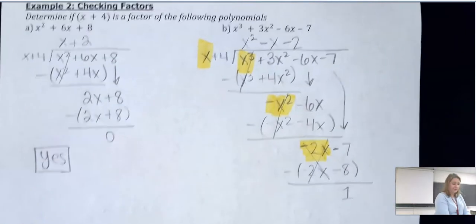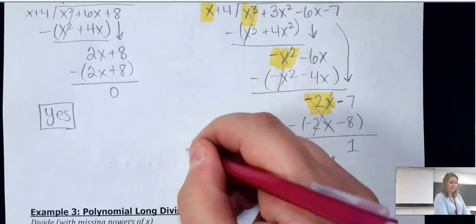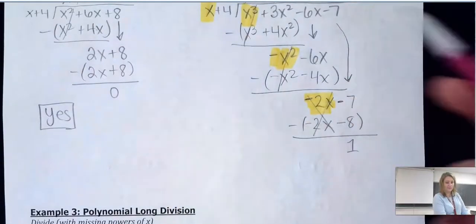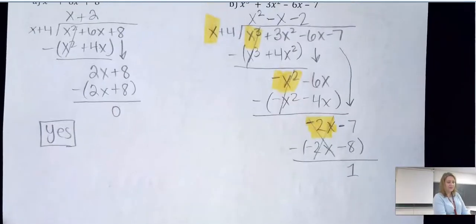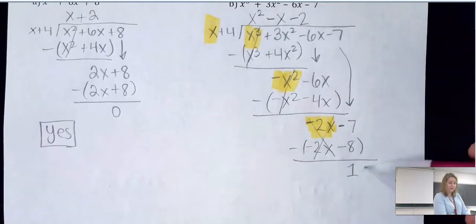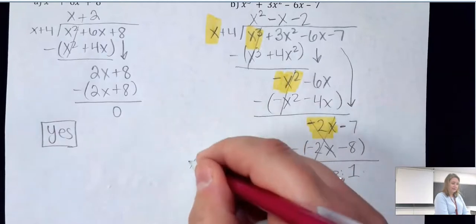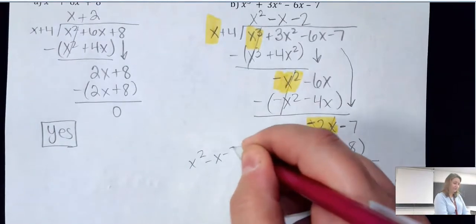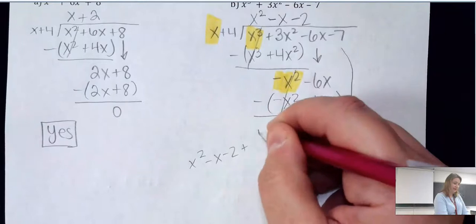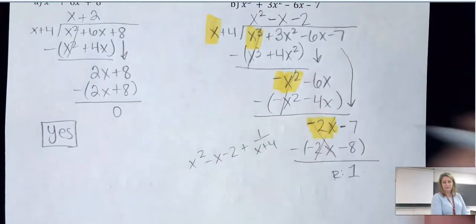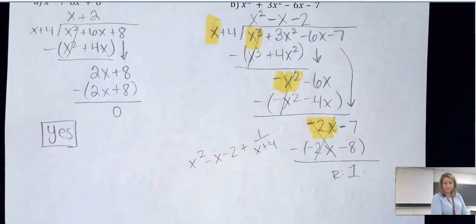So the actual answer here would be x squared minus x, whoa, I just took off the screen, sorry, minus 2, with this being my remainder. I could write x squared minus x minus 2, and then 1 over x plus 4 as the remainder, since it doesn't go in evenly.